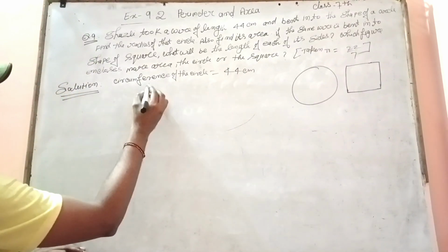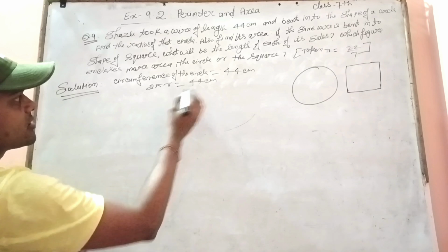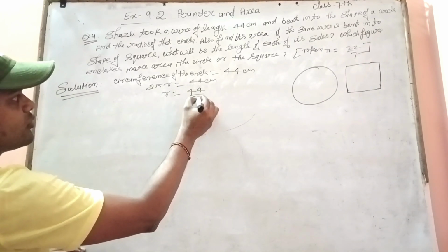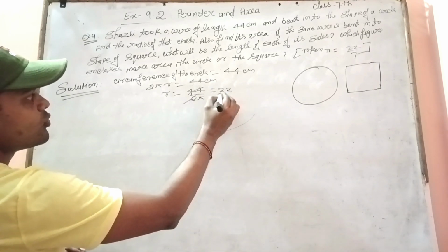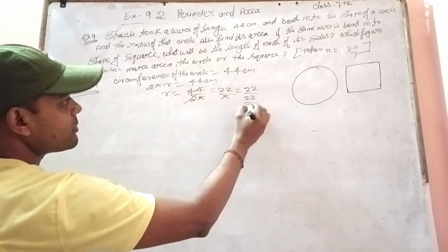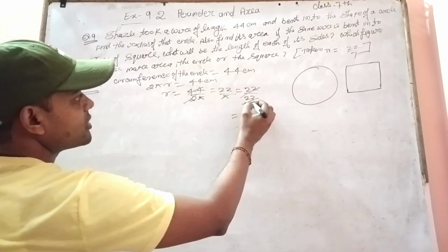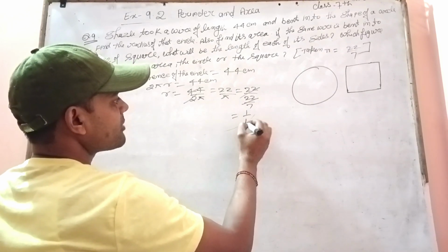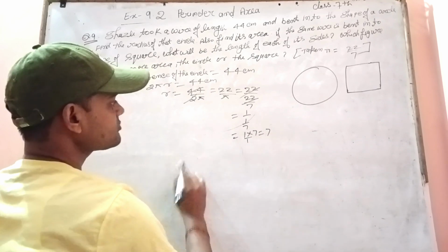The circumference of the circle, 2 pi r, is equal to 44 centimeter, and r is equal to 44 by 2 pi, which is 22 upon pi, equal to 22 by 7 into... 22 cancels out, 7 into 1 is equal to 7.